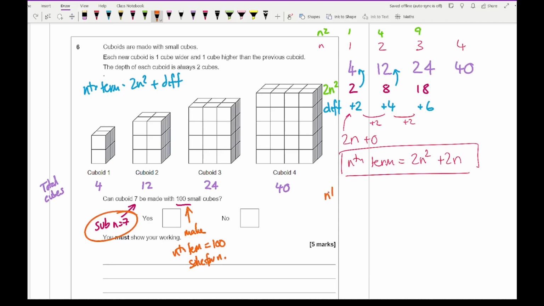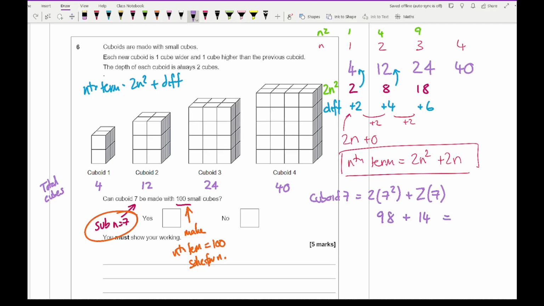So the 7th term, cuboid 7, is going to equal 2 lots of 7 squared plus 2 times 7. So 2 times 7 squared is 49, times 2 is 98, and then I've got plus 14.